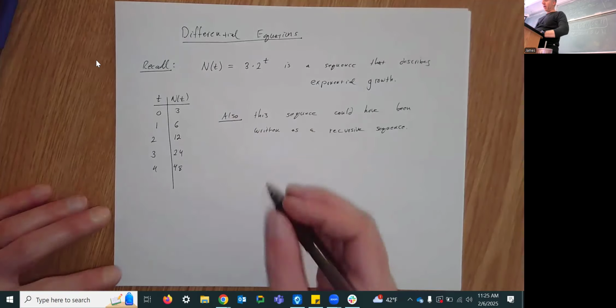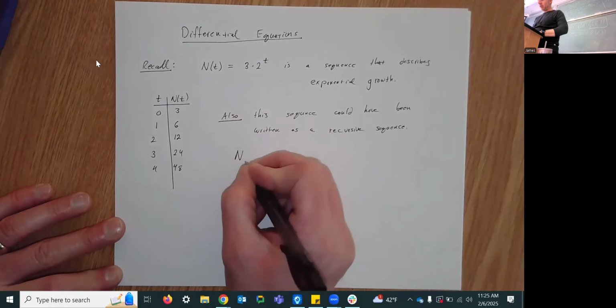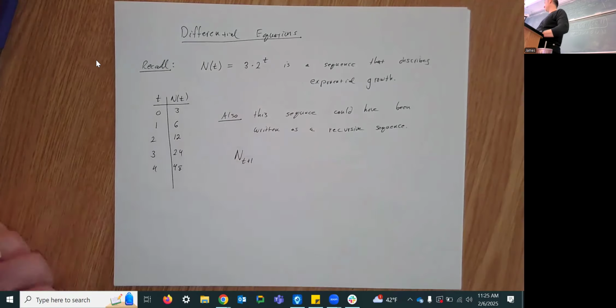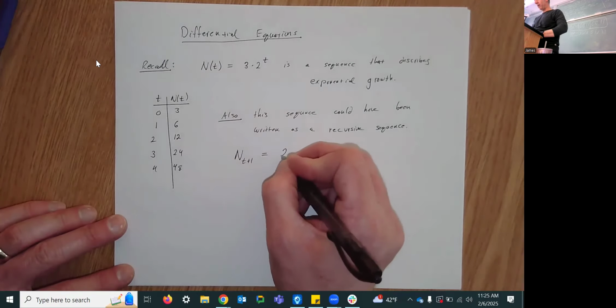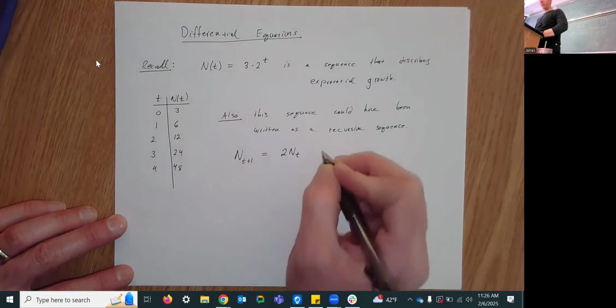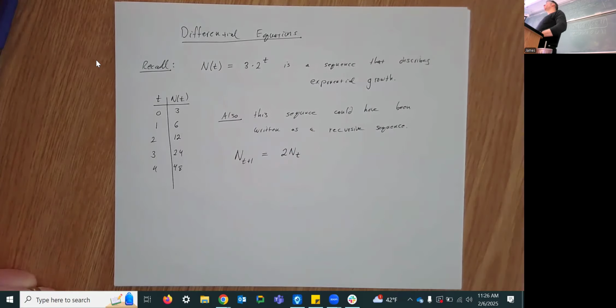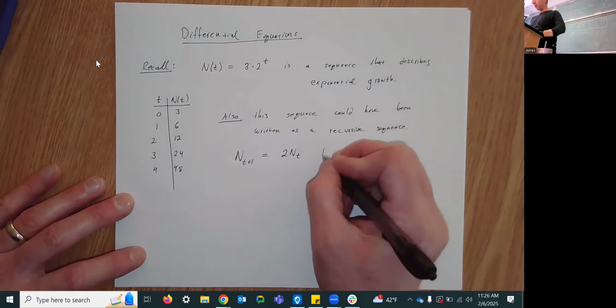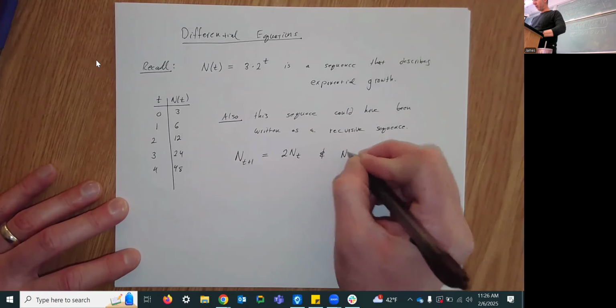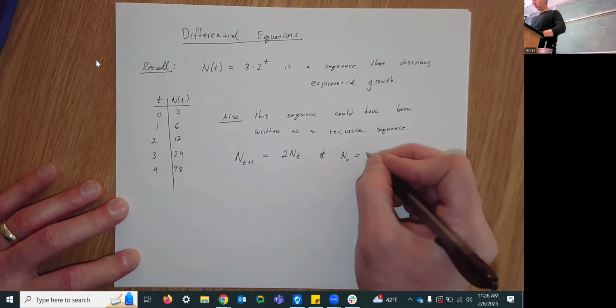So we could write it as the next value of the population, N at t plus 1, is equal to twice the previous value of the population. Now, when you have a recursive sequence, you also typically need to state what the initial condition is. So we would also say, and we know that N of 0 is equal to 3.